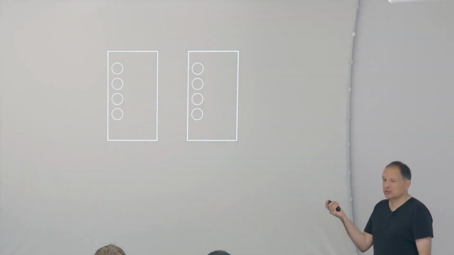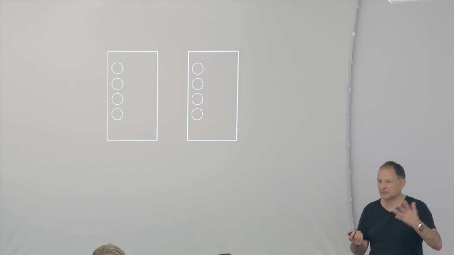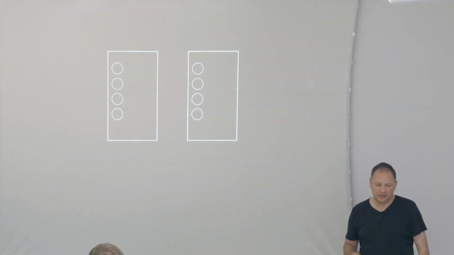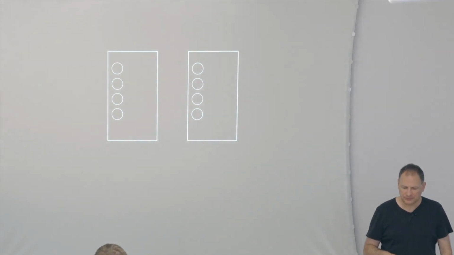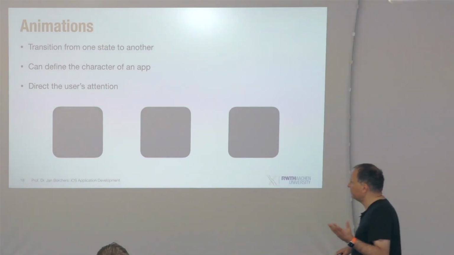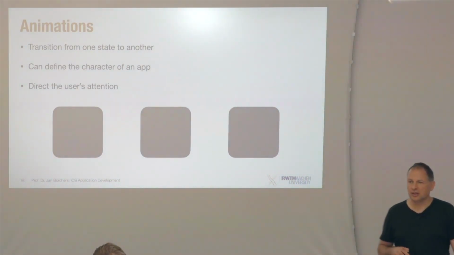I could also imagine that this could drive me nuts very quickly if I had to look at this again and again and again for something I'm using very frequently. But for an occasional effect, this could actually be a lot of fun. So animations can define this character of an app, as I said, and they also direct the user's attention.